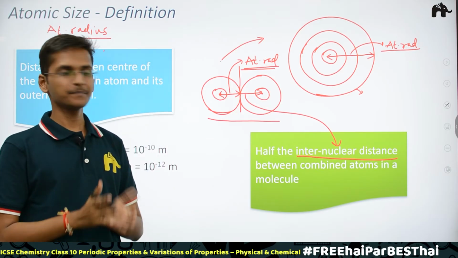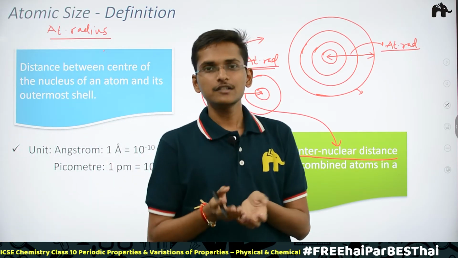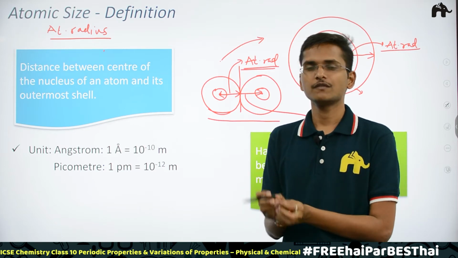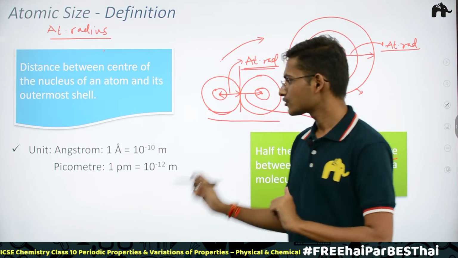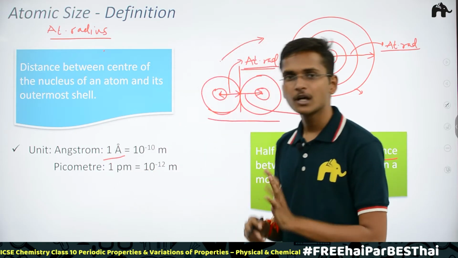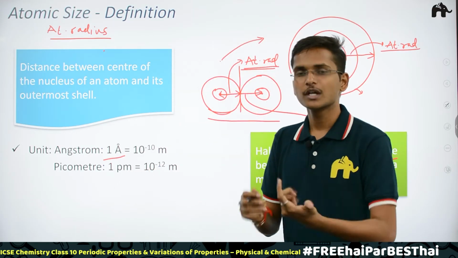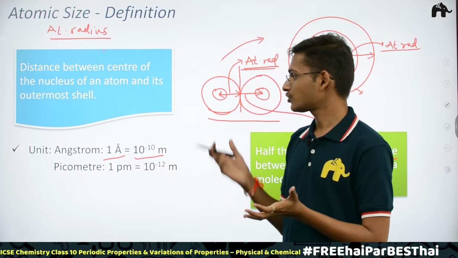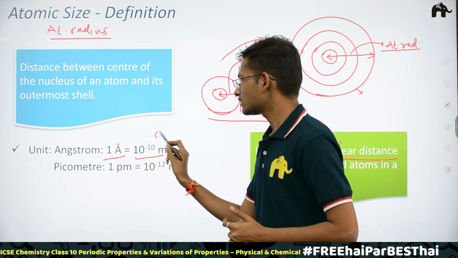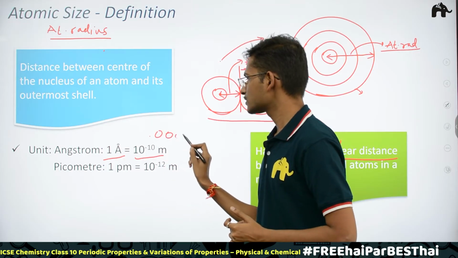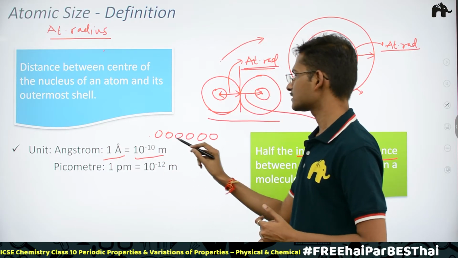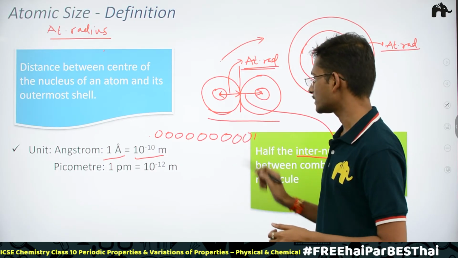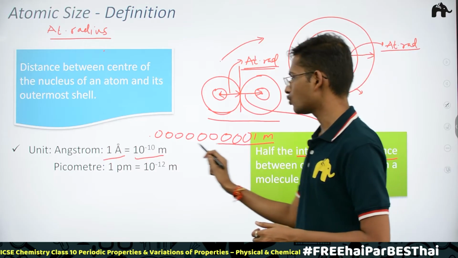Very interesting. We all know atom size is very small, so it must be measured in very small units. So we measure atomic radius in angstrom, and 1 angstrom means 10 raised to minus 10 meters. Try to write 9 zeros and then 1, and this much is 1 angstrom.